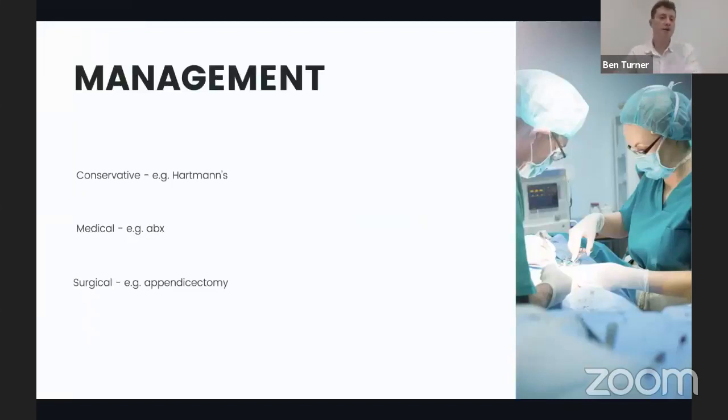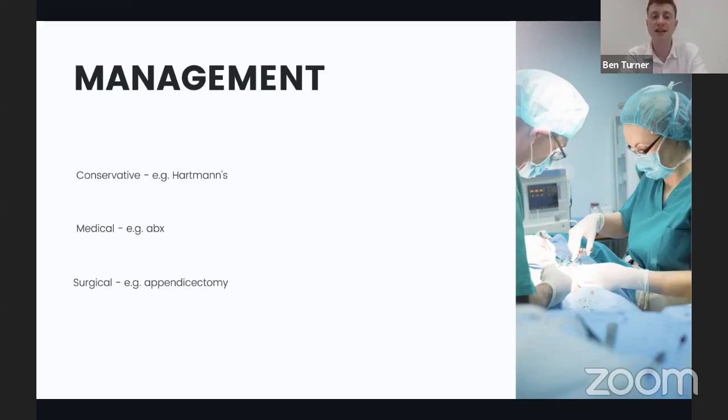And then each week we're going to be talking a little bit about the management, and we split the management down into conservative versus medical versus surgical management options. Now, obviously, as the F1 on call, you can start the first two of these without anyone else even having seen the patient. General conservative measures that you need to go with are prescribing fluids for your patient, especially with surgical patients that are septic, they may have fevers and be losing more water than usual.